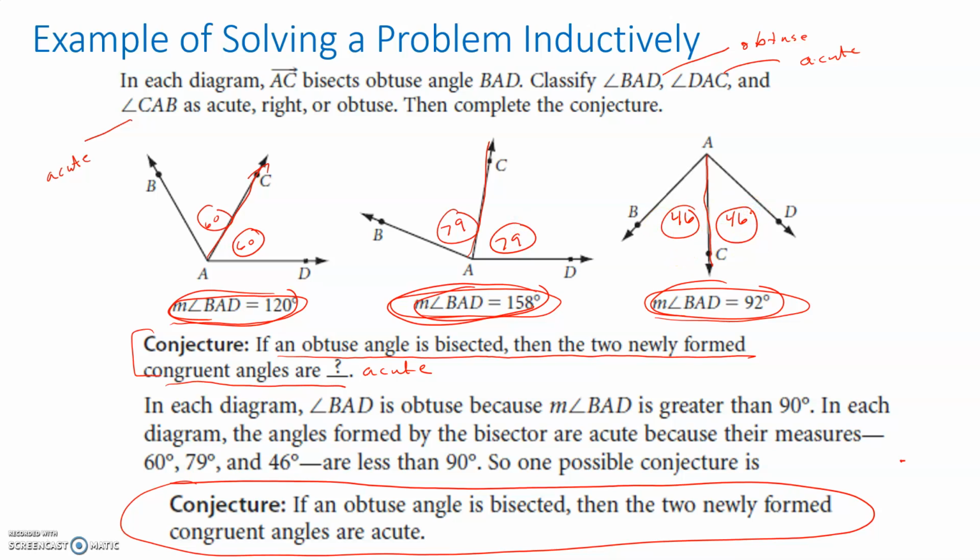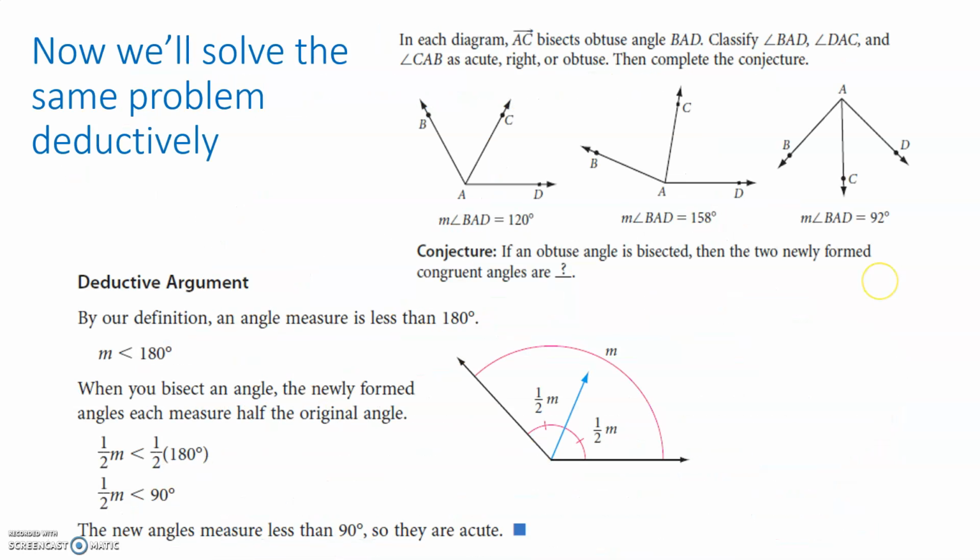And so by seeing that pattern, I came to the conjecture that if an obtuse angle is bisected, then the two newly formed congruent angles are acute. Now I'm going to take the same problem and I'm going to solve it deductively.